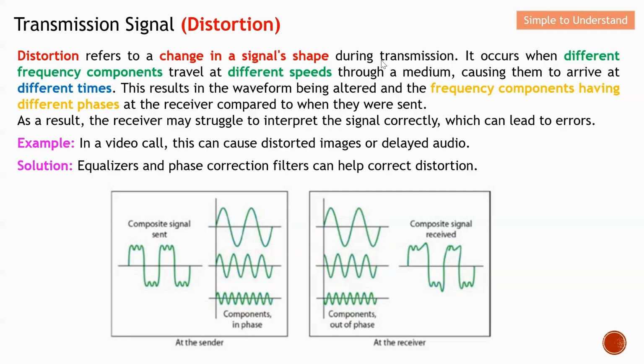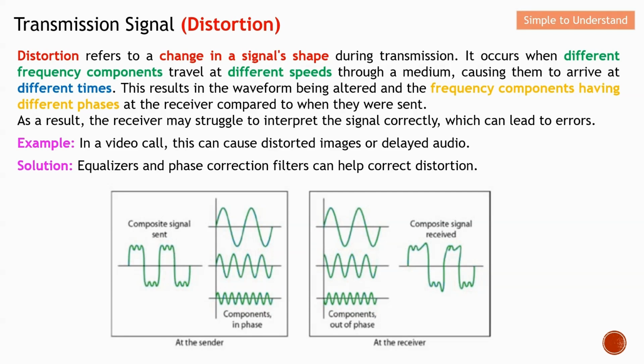It can occur when different frequency components travel at different speeds. Let's take a look at this diagram in order to understand better. For example, let's say I generate a square wave, which is made up of many different kinds of sine waves. They add up to become a square wave, as in this case here.